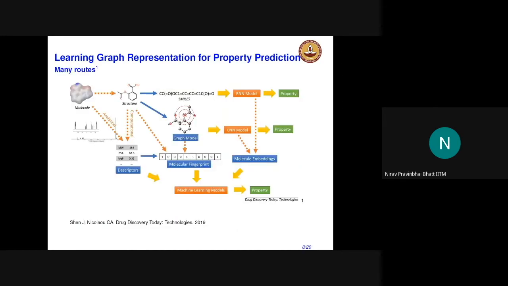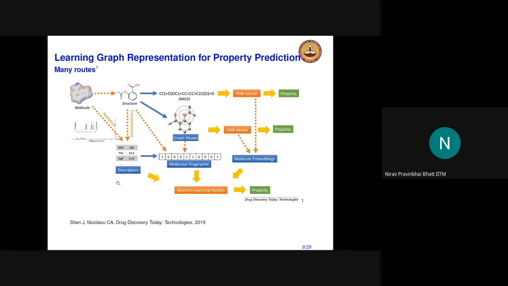As I told you, there are many routes to learn graph representation. Some people start with molecules and take a structure, and represent this structure as a graph from a graph theory point of view, where each atom represents a node and each bond represents an edge. Then using that graph, they come up with a molecular fingerprint.